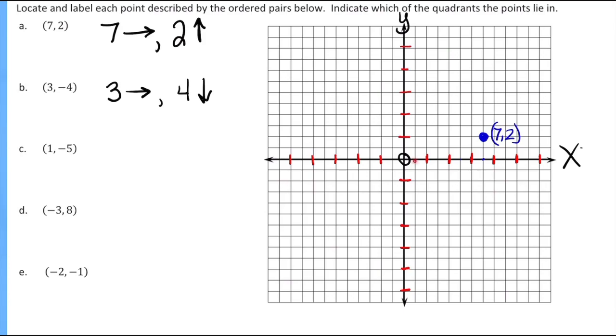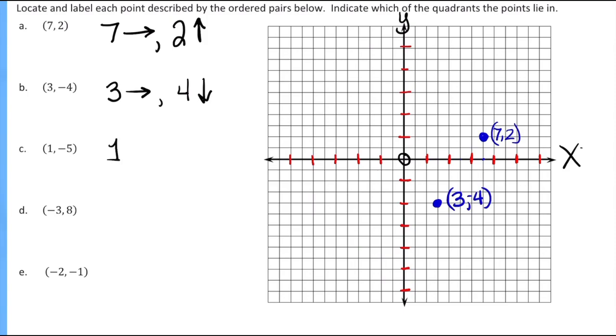Let's move 2, here's 3, and down to 4. Okay. Actually, I want that in blue. Here's 3, -4.